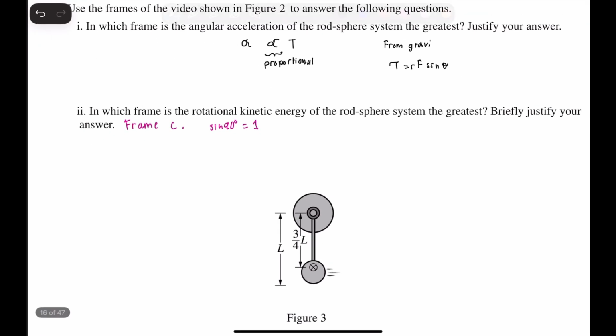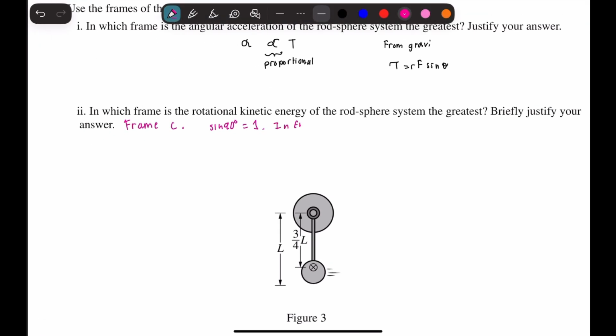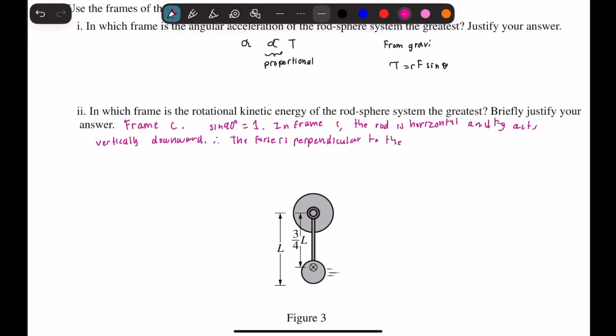So we know that in frame C, the rod is horizontal, and Fg, the force of gravity, acts vertically downward. So therefore, the force is perpendicular to the radius.